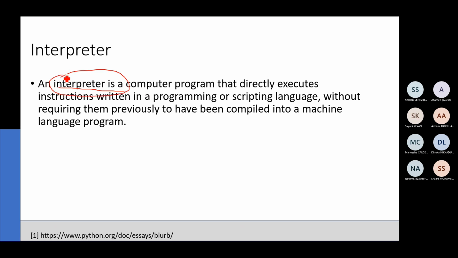Now this is interpretation. An interpreter is a computer program that directly executes the instructions written in a programming or scripting language. For the most part, scripting languages are not programming languages, but there's a strong relationship between these two.